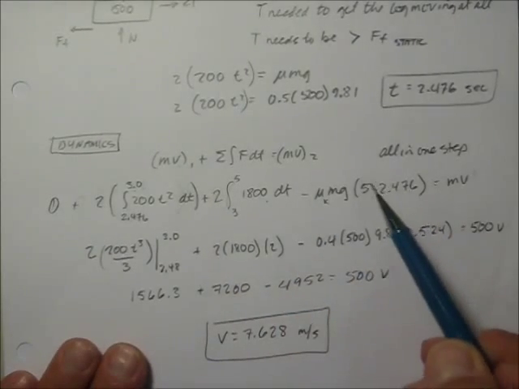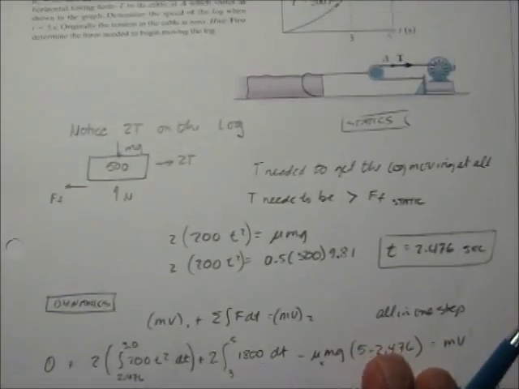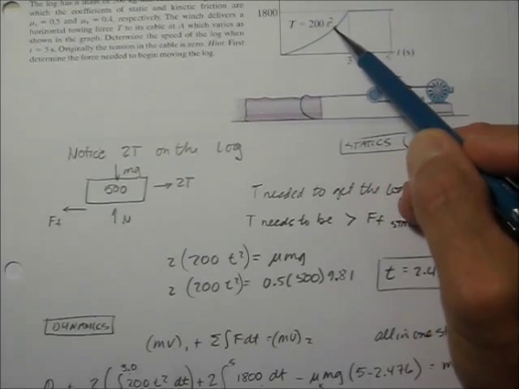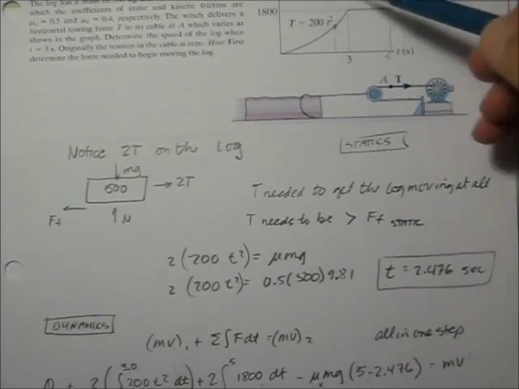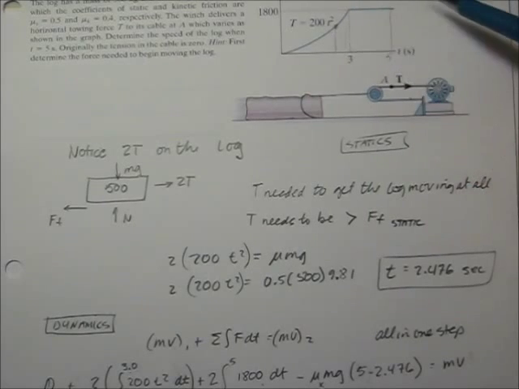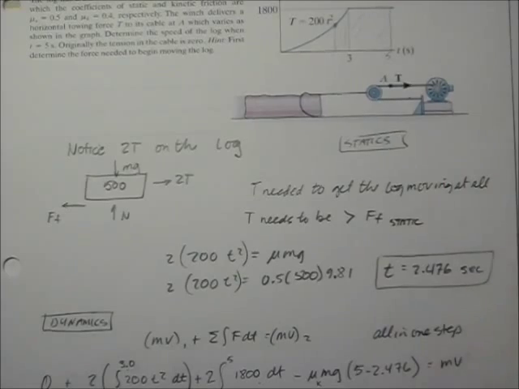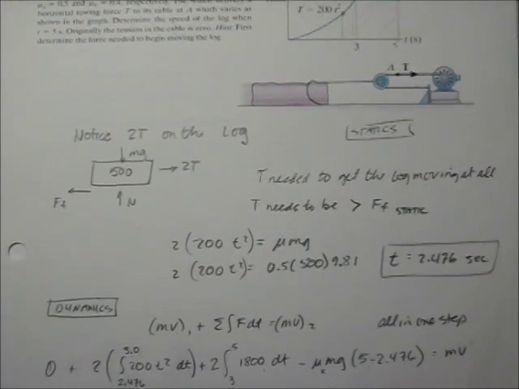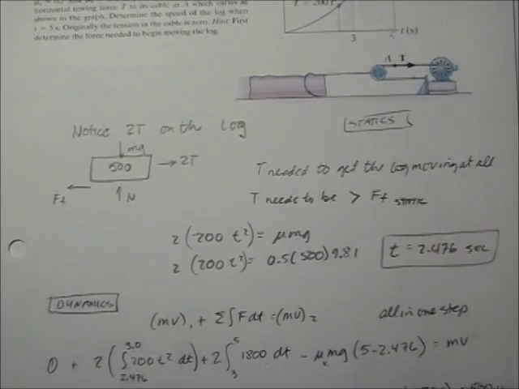What are all of our impulses? Well, we've got this impulse. Now, it actually starts to move after 2.476 seconds. So it's got this piece of impulse that we can count on, and this piece of impulse. So we have to consider them separately, and I can integrate them through both of those time periods.